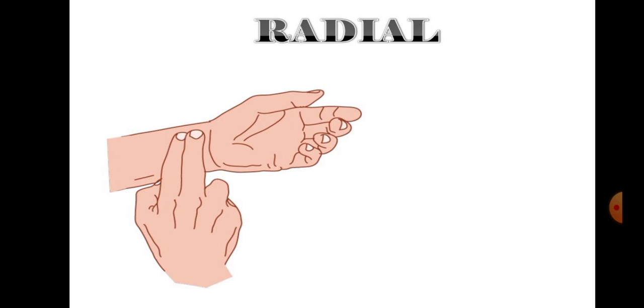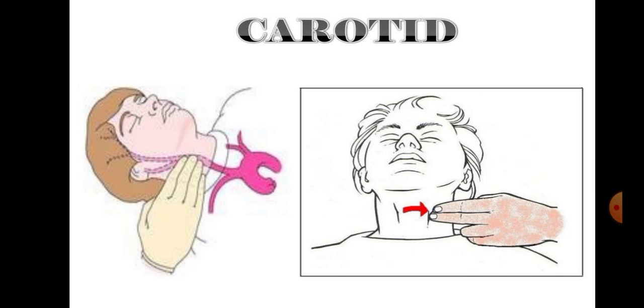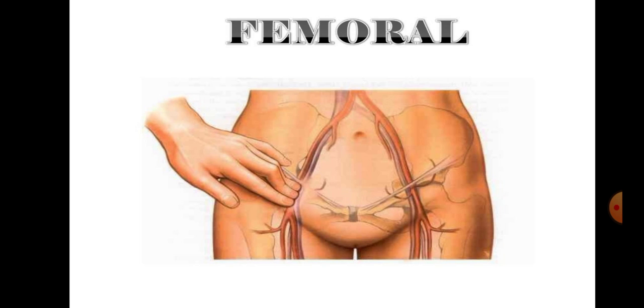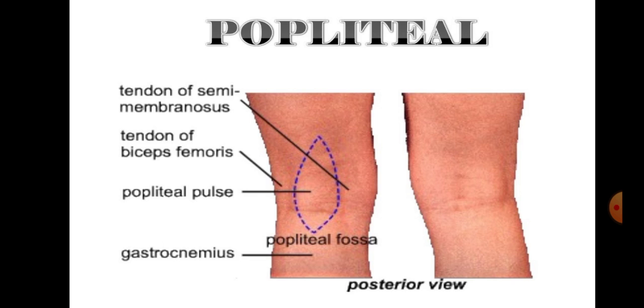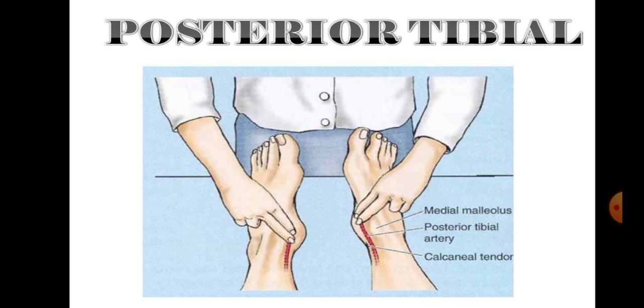This is radial, brachial pulse, carotid pulse, femoral pulse, popliteal pulse, dorsalis pedis, posterior tibial pulse.